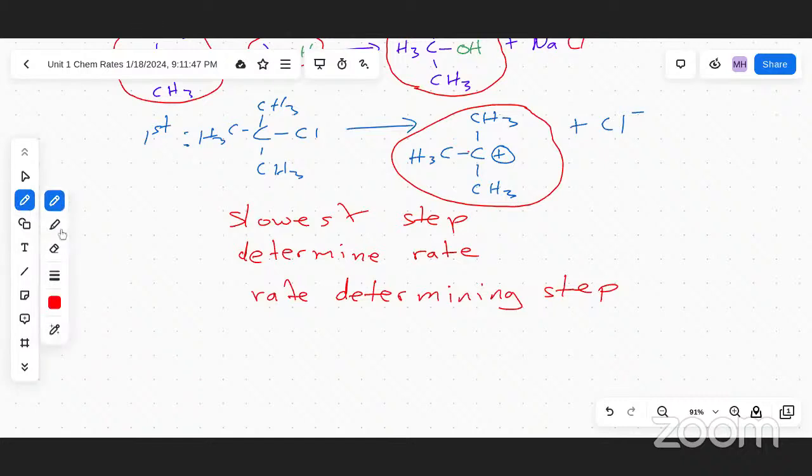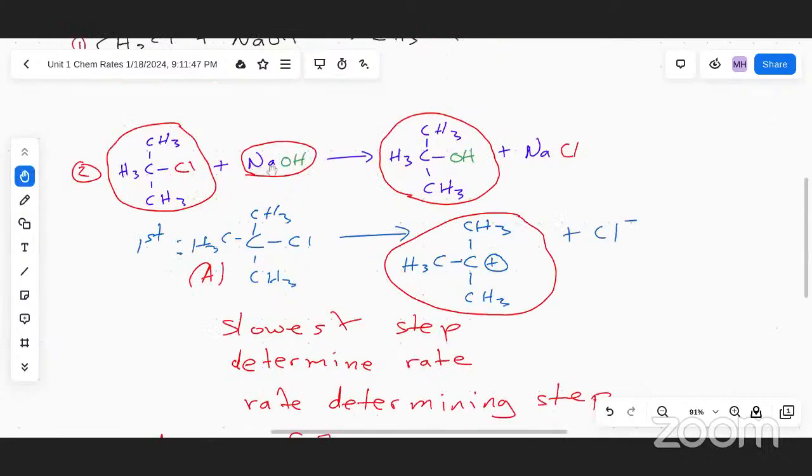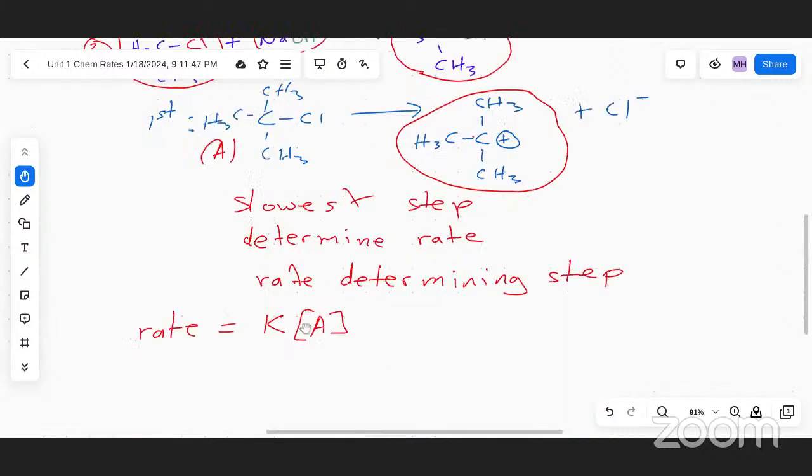So from this, my rate will be equal to K times the concentration of this compound. I'm just going to call it compound A. So rate will be equal to K times A. Notice the sodium hydroxide is not in the rate equation. The reason for that is it is not a part of the rate determining step. If it's not a part of the rate determining step, it cannot be a part of the rate equation.